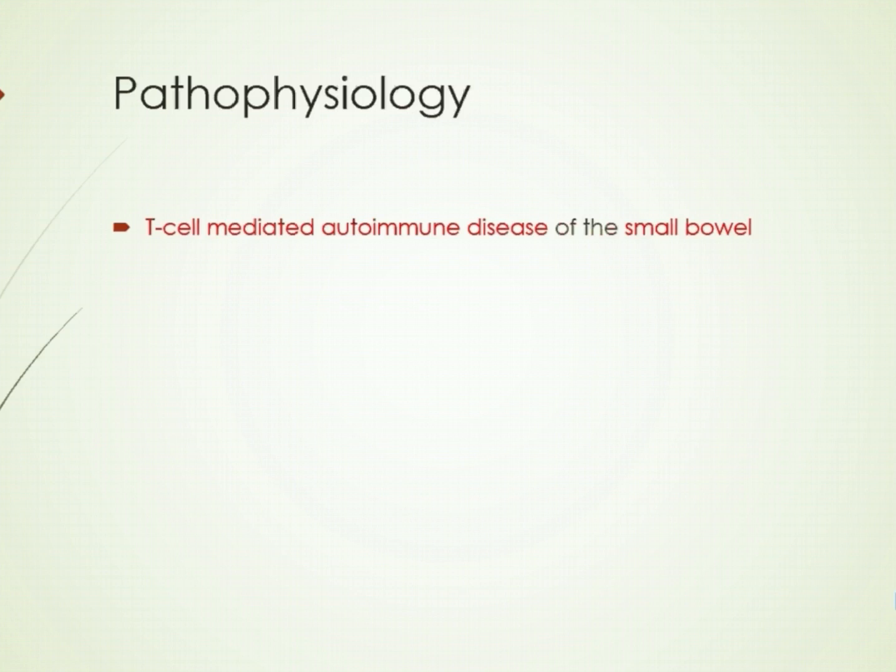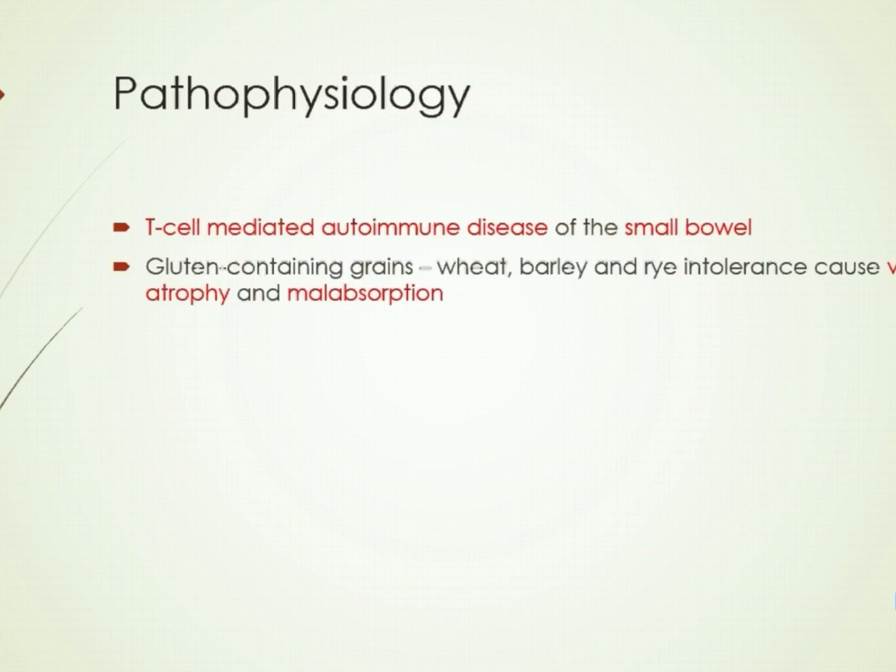Celiac disease is caused by a T-cell mediated autoimmune reaction, and this affects the small intestine. Gluten-containing grains, such as those found in wheat, barley and rye, cause the autoimmune reaction, and this leads to villous atrophy and malabsorption in the small intestine.